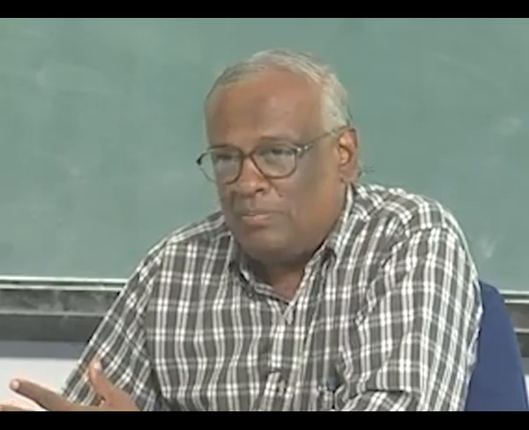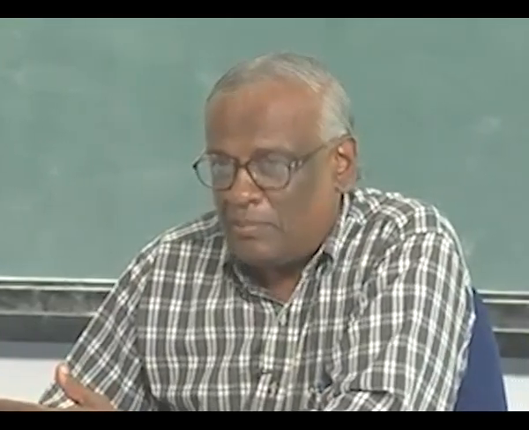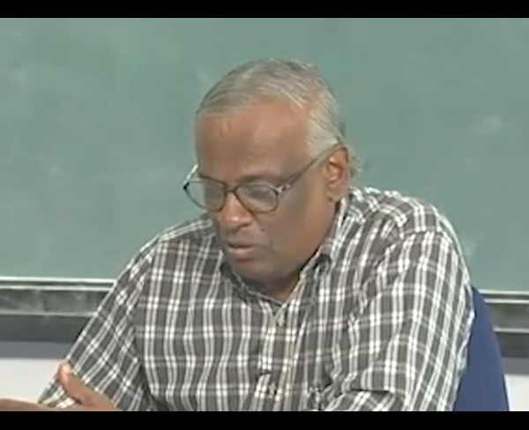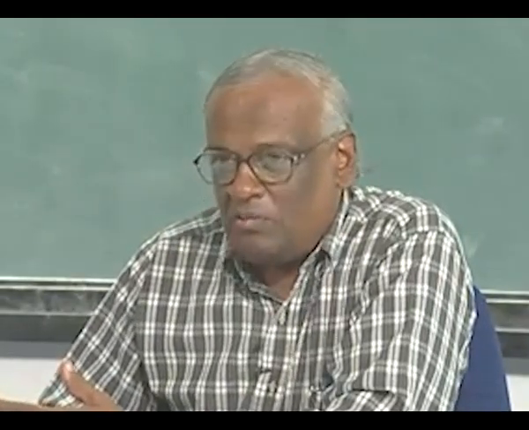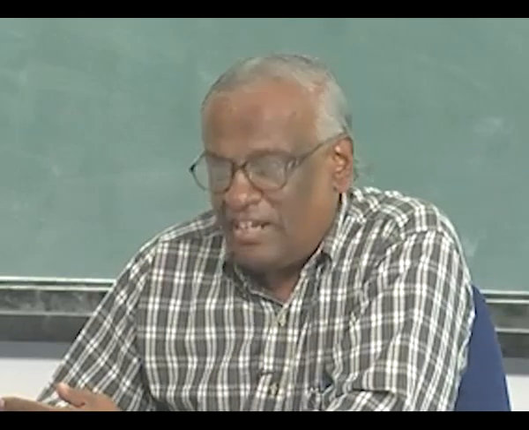It may be measuring simply a current or a voltage, or it may be measuring a temperature. So, I can say this is temperature 1, channel number 1 corresponding to temperature from thermocouple 1, for example. I can write the name here. The range is auto, that means the instrument will determine the maximum and the minimum, automatically it will change the range, so that you do not have to intervene.